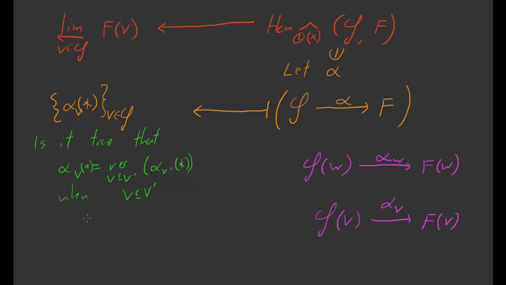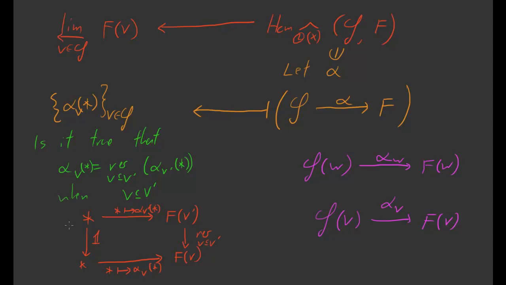But that is indeed true, because that's just asking whether this map commutes. This is the identity, and this is star maps to alpha v prime of star inside of F of v prime, and this is the map star maps to alpha v of star in F of v, and this is the restriction of v inside of v prime.